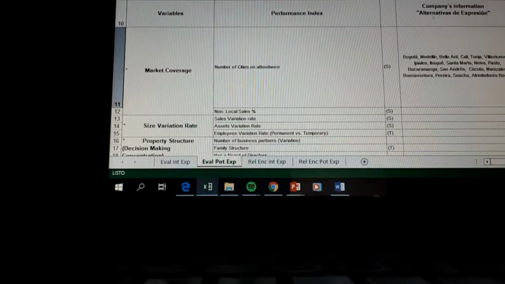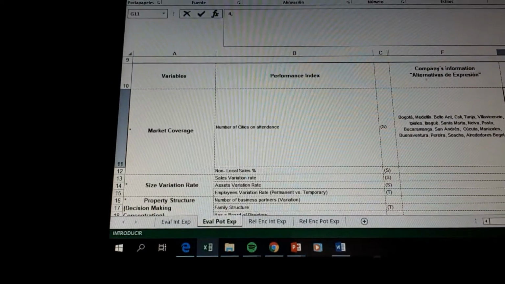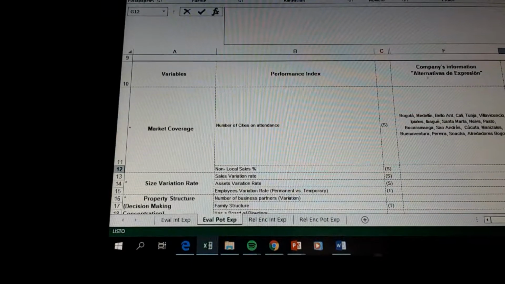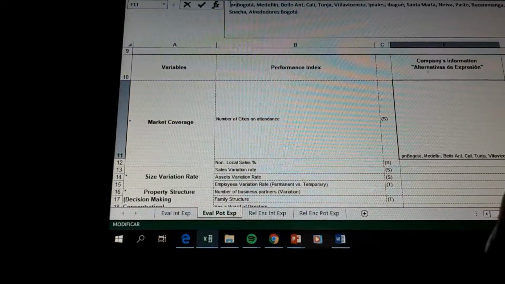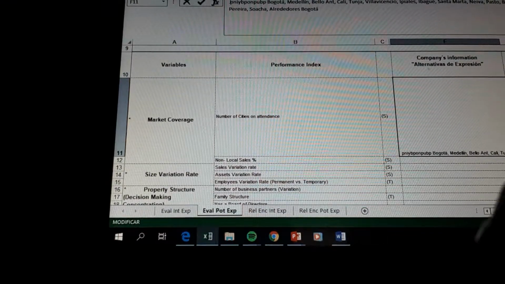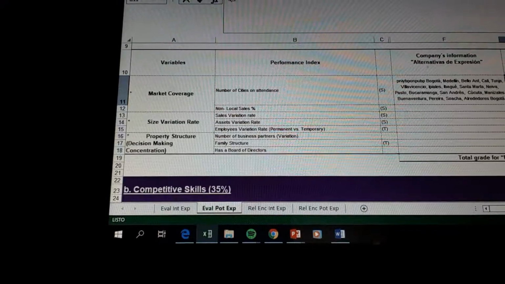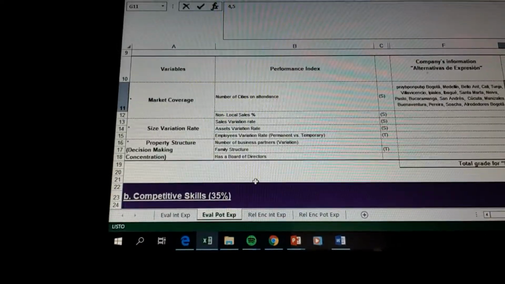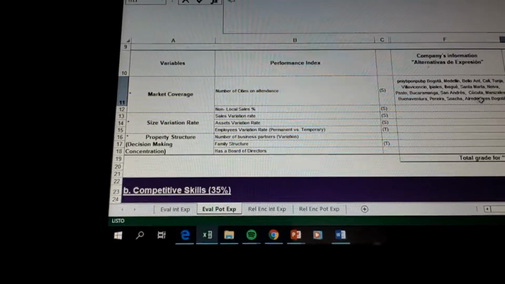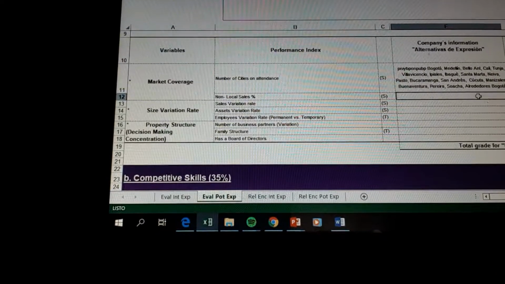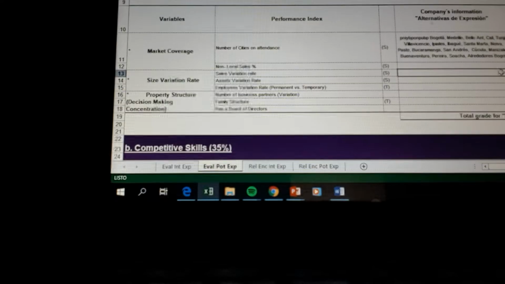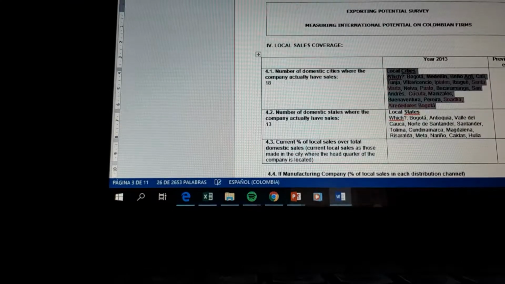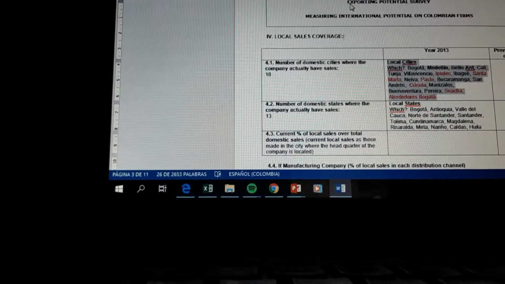So I will put probably 4.5, and try to explain here. You will write something and say, yeah, because this is how you justify this question. This is what I really want you to do: grading and justify, grading and justify, grading and justify, based on the information collected in the exporting potential survey.